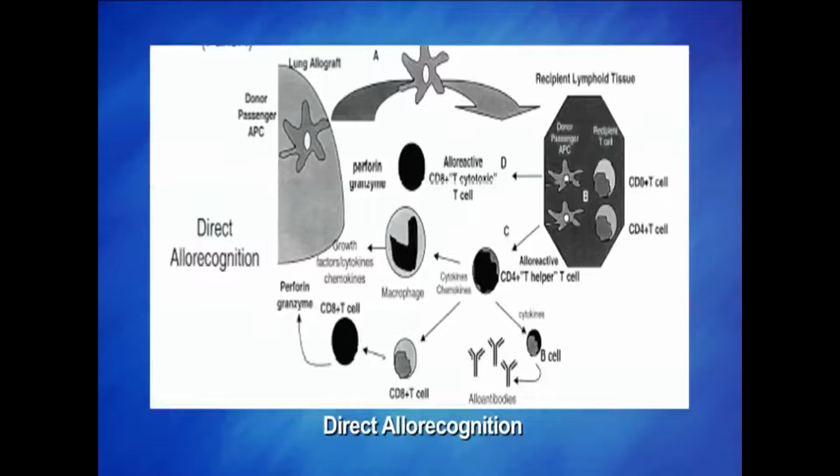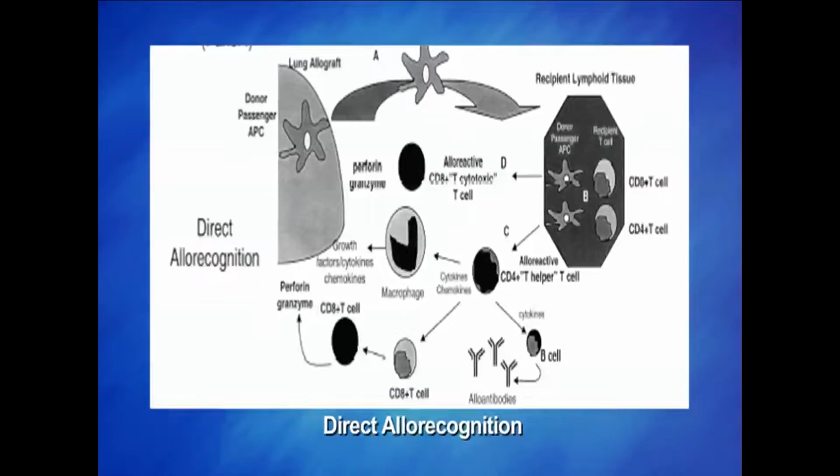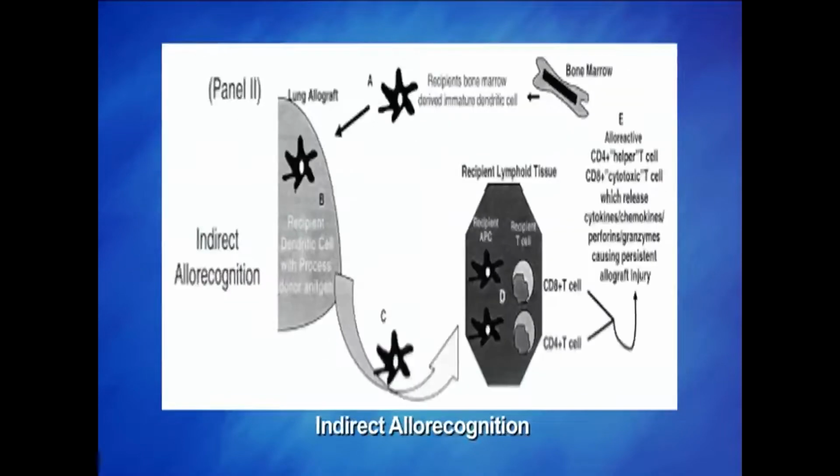It can be either direct, where the antigen presenting cells carried in the donor allograft will migrate to the recipient lymphoid. So it is called direct because it is direct migration. And sometimes it can be indirect, meaning there will be precursor antigen presenting cells produced from the bone marrow, and they will travel to the allograft, and there will be signals in the allograft, and thereby rejection will occur.